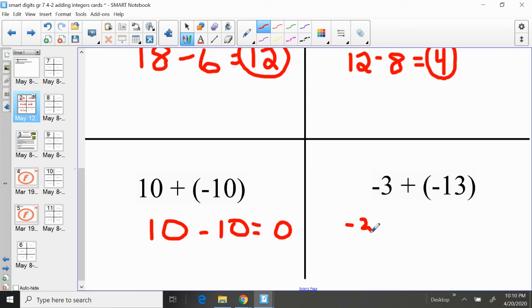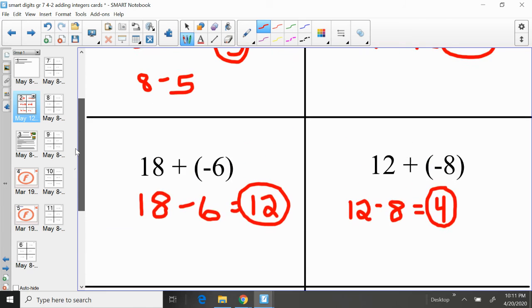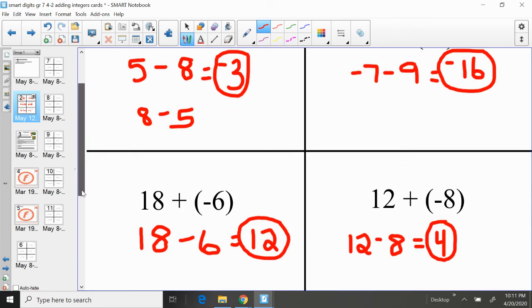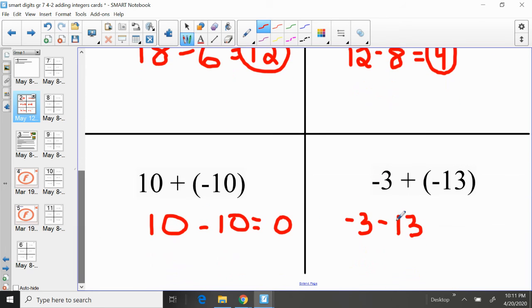And that's the same as -3 minus 13. So similar to this problem where I had a negative minus another number, which gave me a negative answer, I know my answer is going to be negative. Then I can just add my numbers. 3 and 13 would give me 16 for an answer of -16.